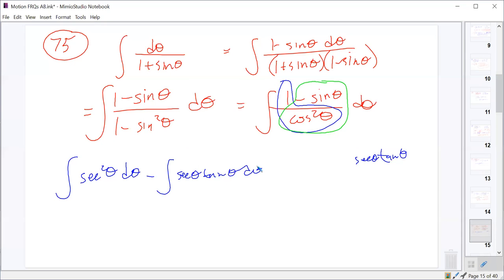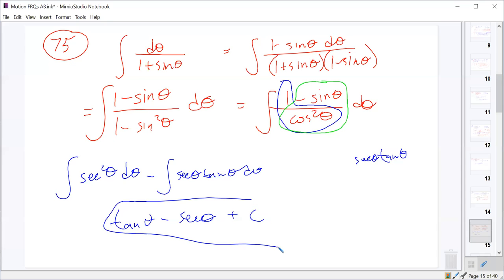And what's the integral of secant squared? And of secant tangent? What's the integral of secant tangent? Secant. Good or no? Everyone's all right with that?